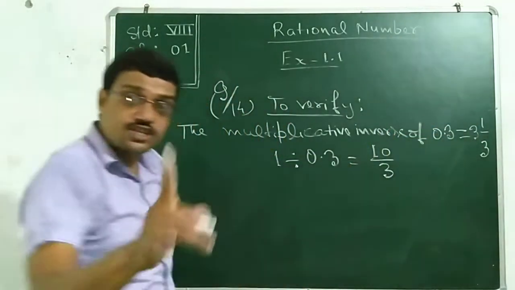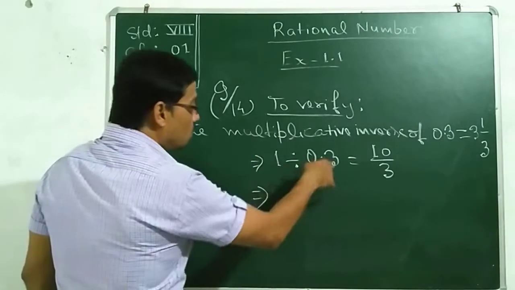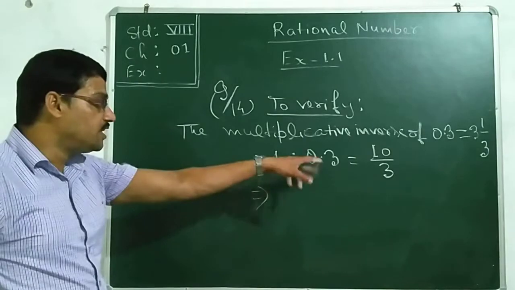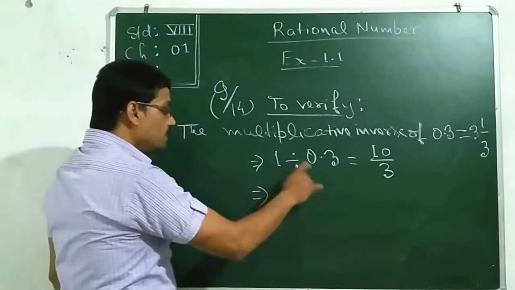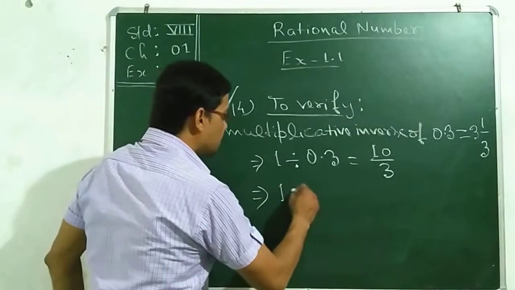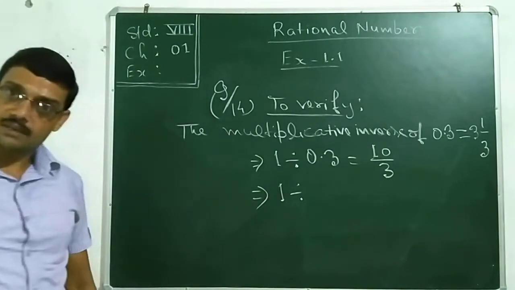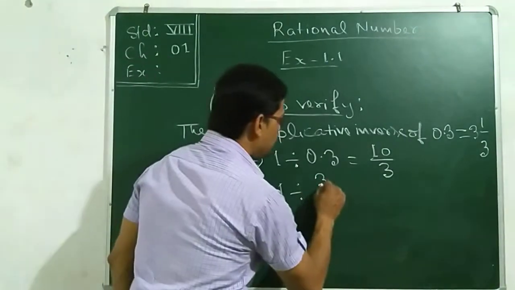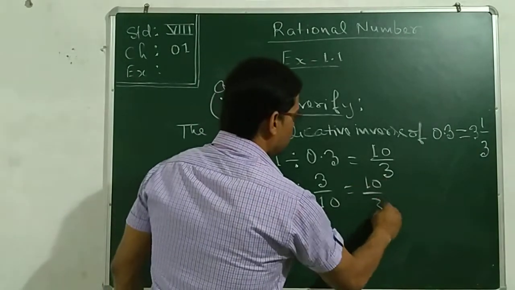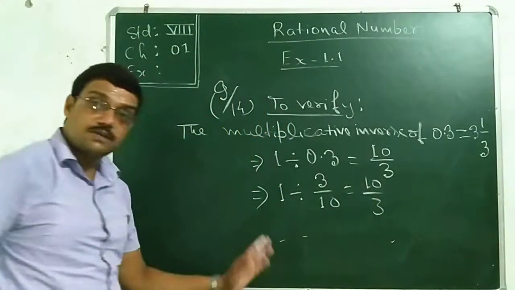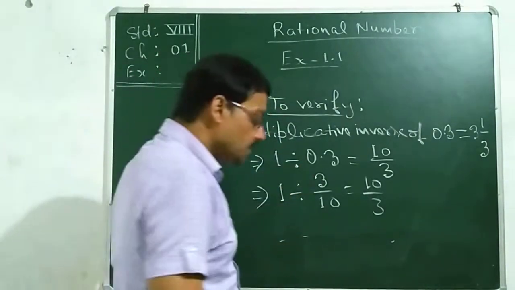And in the next step, only one suggestion: 1 divided by 0.3 must be changed to a rational number. That will be 3 by 10, compared with 10 by 3. Now follow the steps as I had followed in the previous sum and complete the sum.